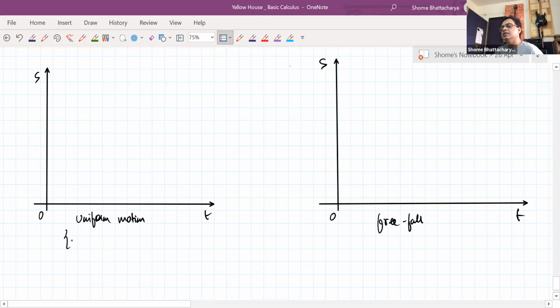There the example was a body moving on a smooth surface. So it's unaccelerated motion, whereas this is accelerated motion.